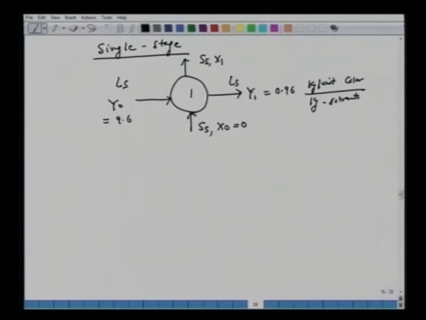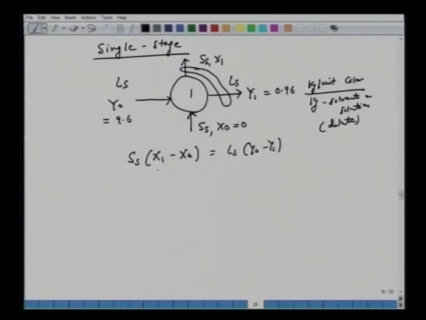Of course solvent or solution, assuming that it's a dilute system. Okay, and we notice that x1 is in equilibrium with y1, so it's given by the equilibrium curve, and we just write down a simple material balance here. Species balance, you have Ss times x1 equal to Ls times y0 minus y1.